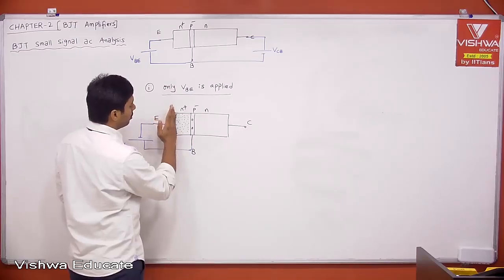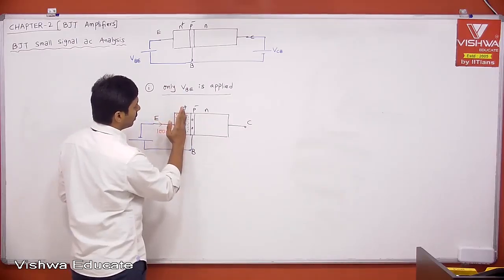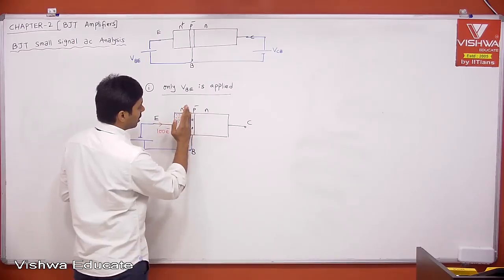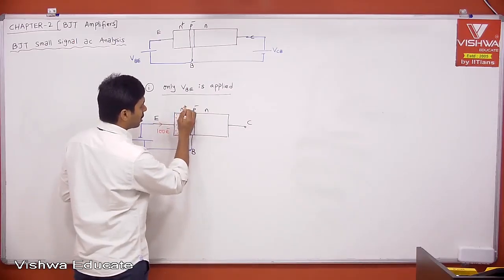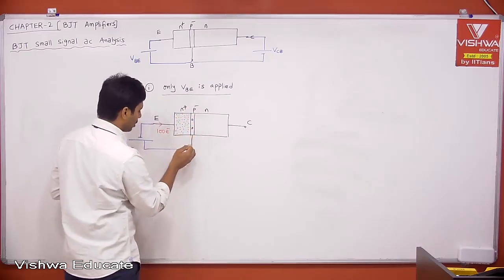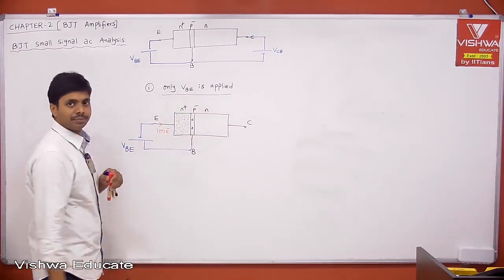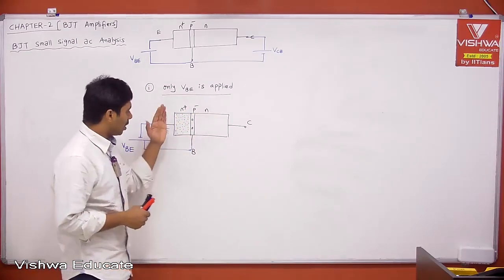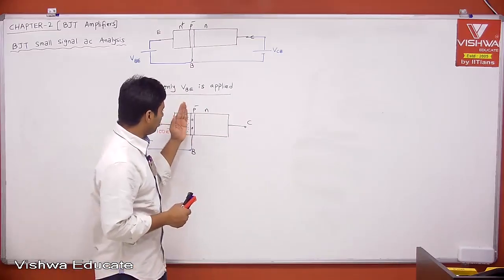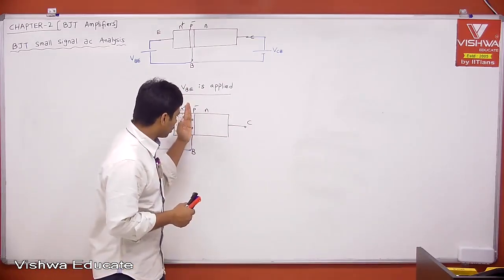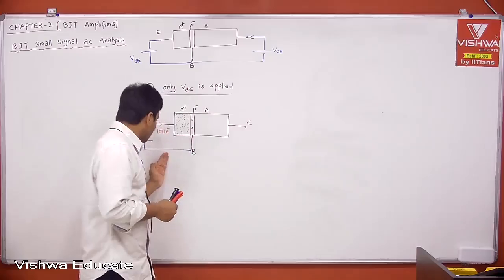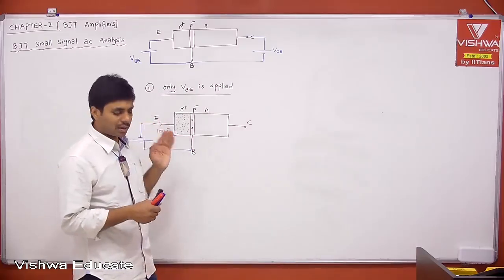there are so many electrons, they will move successively. That is what is called the drift component, and they will enter into the emitter. Then they are entering into the base, and there is no way they have to come out of the base. Then they will reach the emitter terminal, the other terminal of the battery.